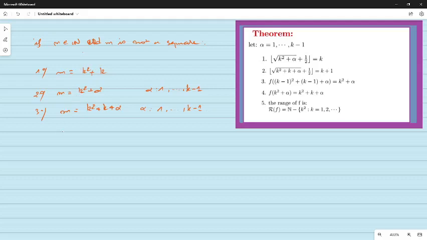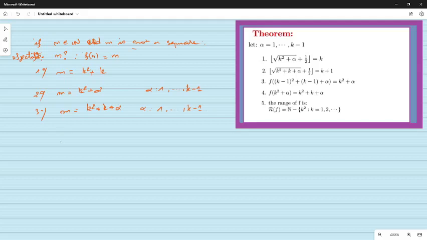In the first case, and our objective is to find n such that f of n equals m. This is our objective. Our objective is to find n such that f of n equals m.